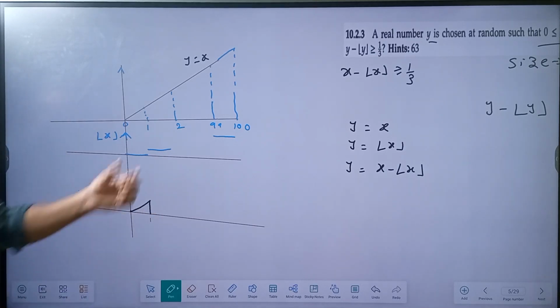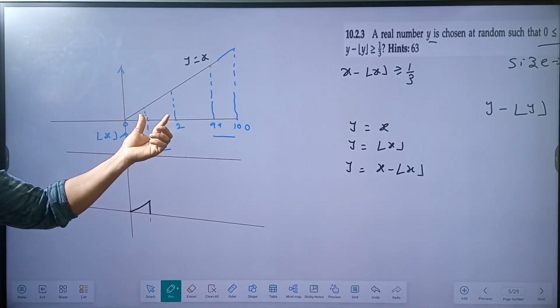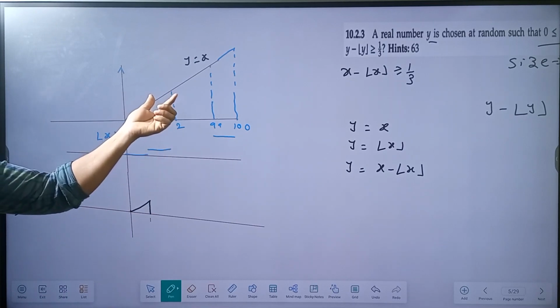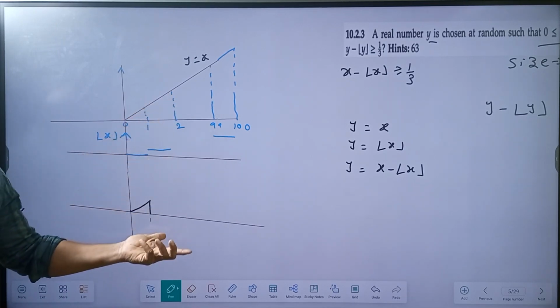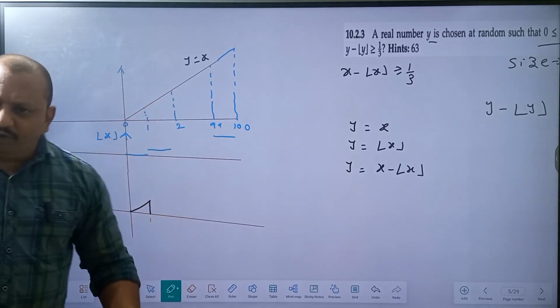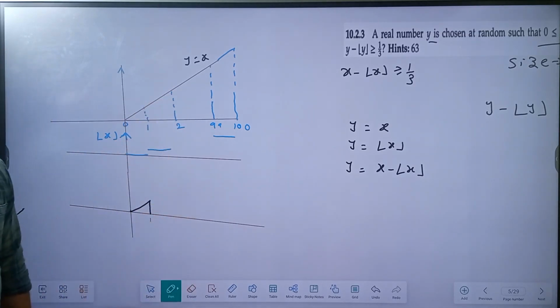Next one, from 1 to 2. If you consider 1 to 2, the corresponding step x is 1. From 1.5, 1.5 minus 1, 0.5. And 1.9, 1.9 minus 1, 0.9. So definitely it is from 0 to 1 only, right?